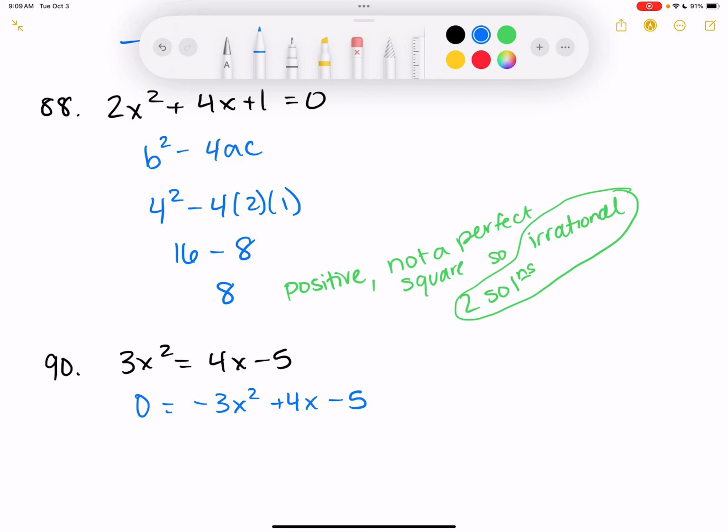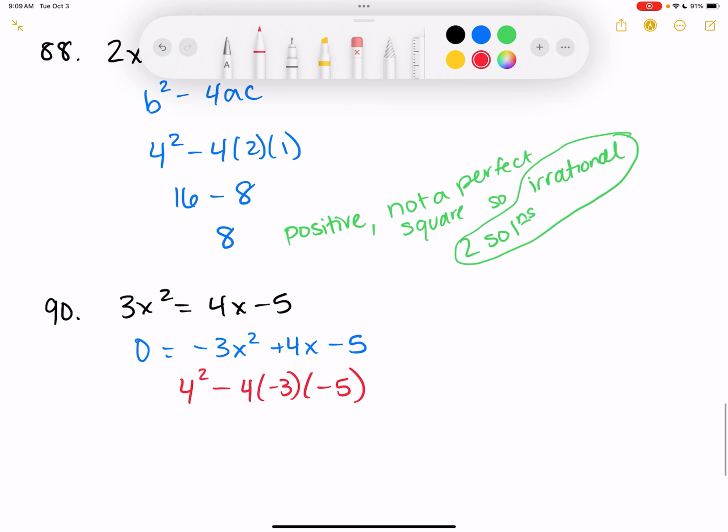Then b squared minus 4ac: 4 squared minus 4 times negative 3 times negative 5. So I've got 16. Negative 4 times negative 3 is positive 12, times negative 5 would be negative 60. So 16 minus 60 is negative 44.